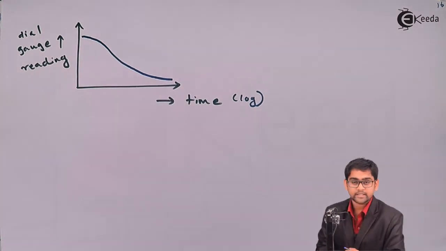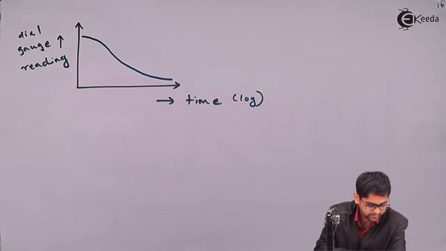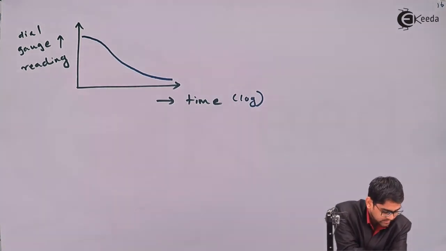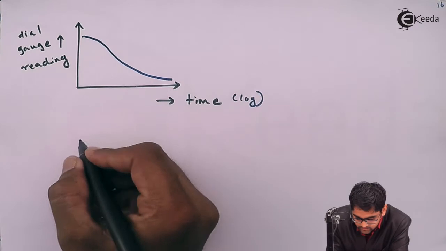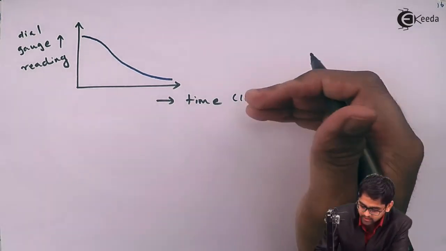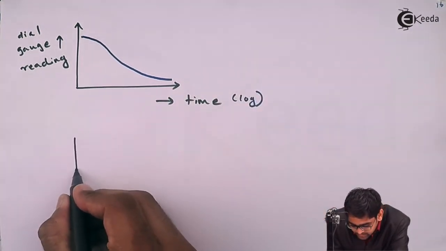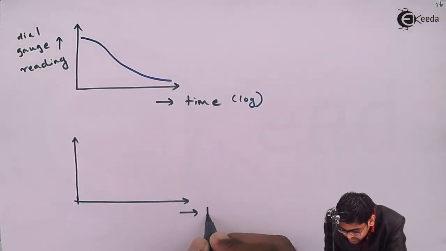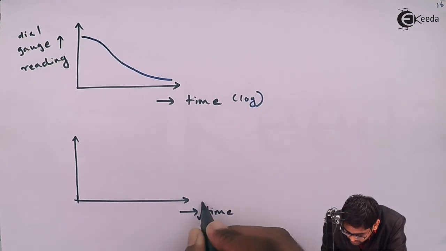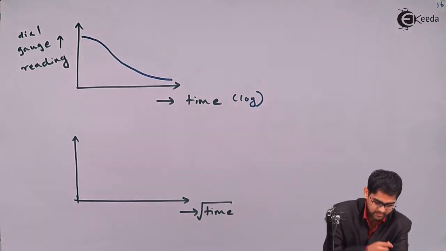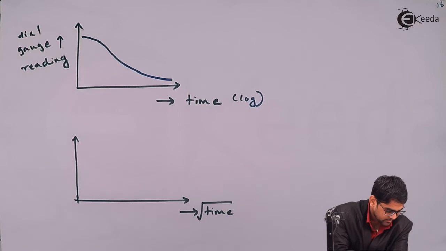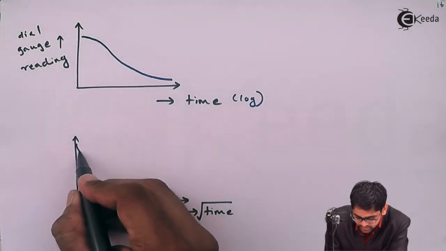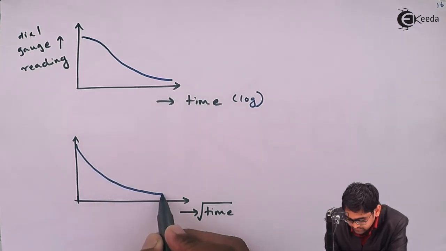You'll get the S-shaped curve. This is the logarithm of the time, but if you keep the y ordinate the same and change the x ordinate, placing the square root of the time rather than time, then you will get a curve most likely like a kind of exponential curve, like this one.